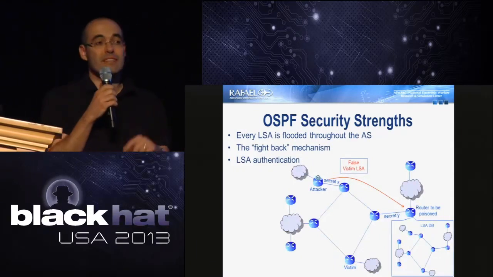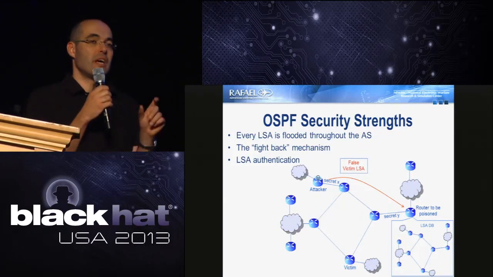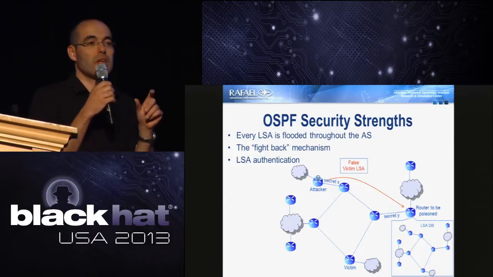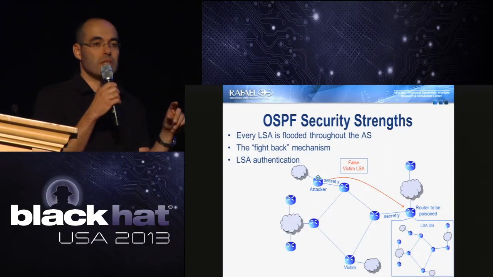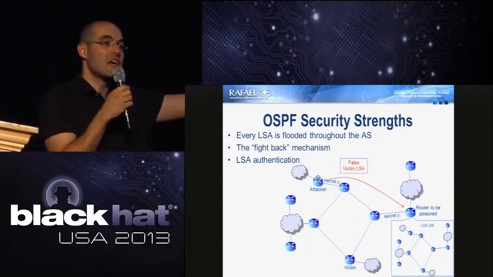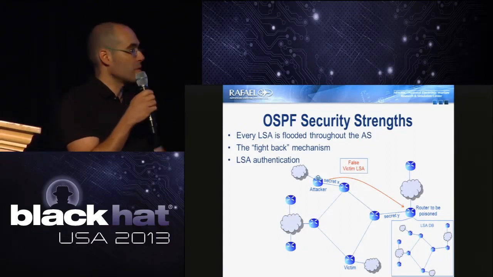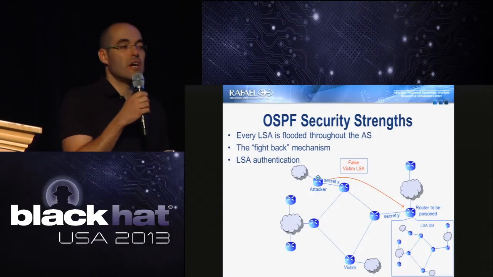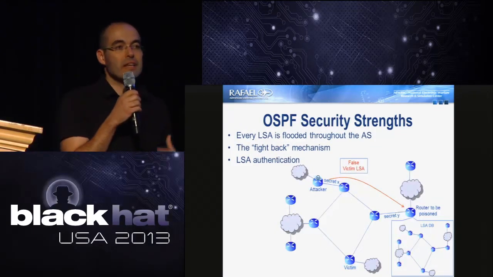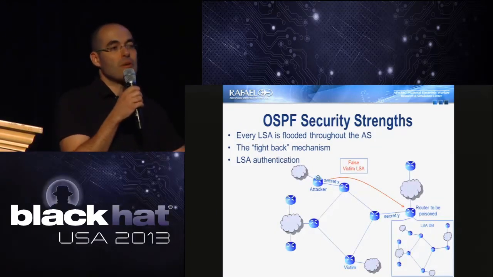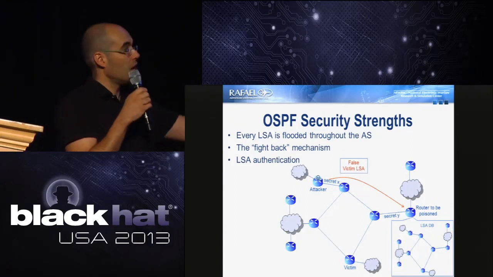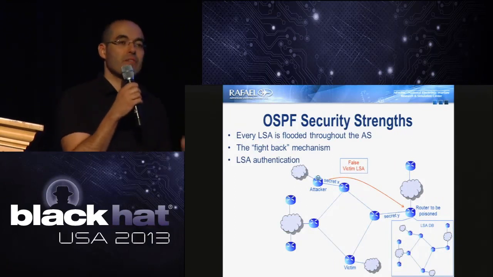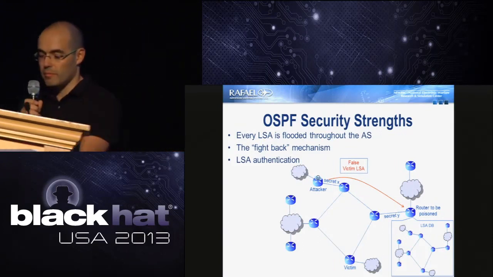In our example, the attacker knows the secrets of all the links that are directly attached to it, in this example secret X, but he doesn't know the other secrets, for example secret Y. So this means that the router to be poisoned will not be able to authenticate the false LSA advertised by the attacker, and it will simply be discarded.